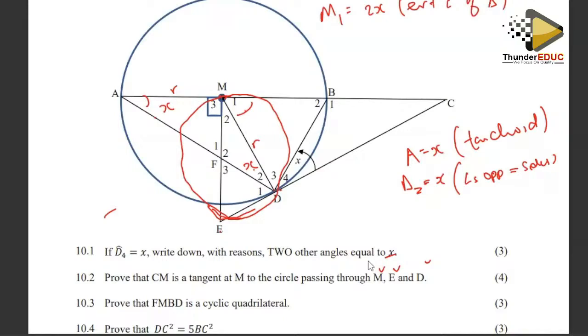Then from there, we could go on and say that our M2, this M2 here, is going to be 90 minus the 2x. And we can say that that's basically tan radius, because this is a radius. Does that even make sense?